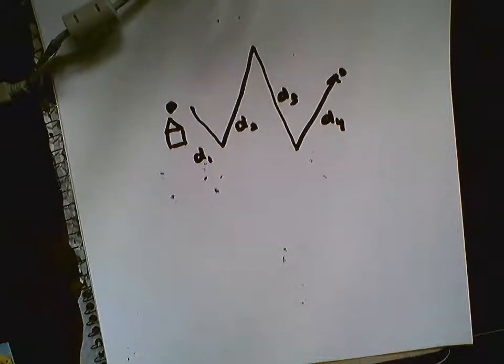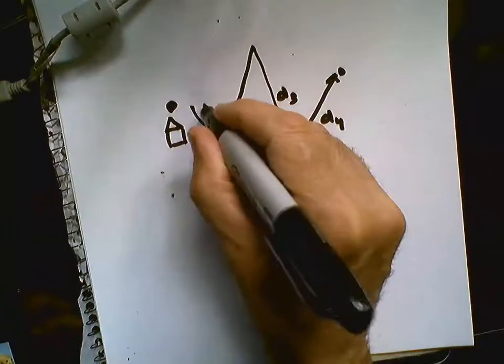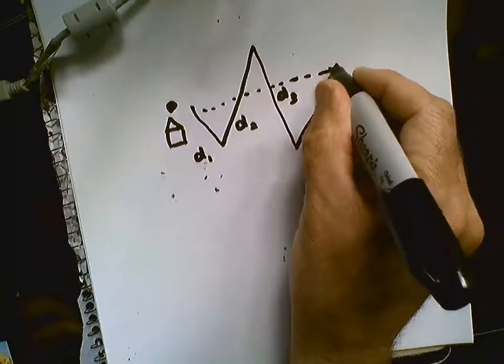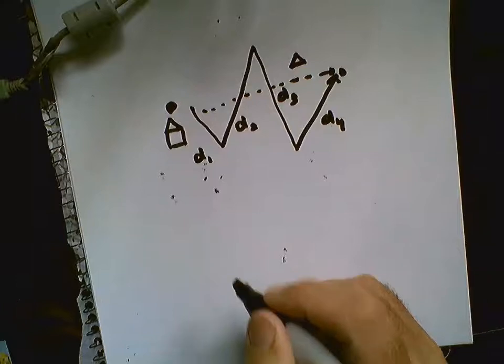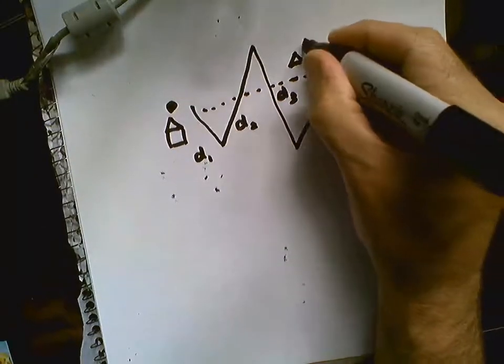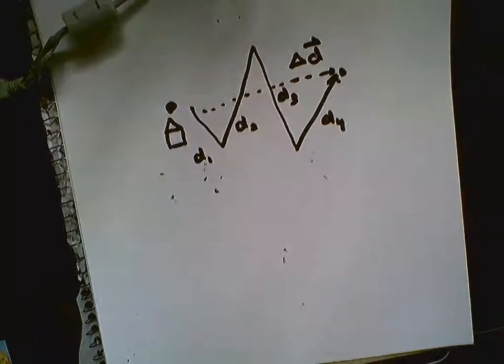If we want displacement, displacement is the shortcut from the beginning to the end. The symbol for displacement is a delta sign, which means change in, and a D with a vector arrow over it, which is change in position. So displacement is change in position.